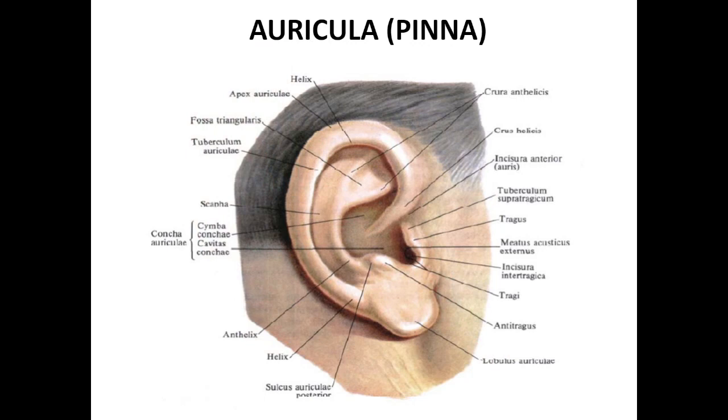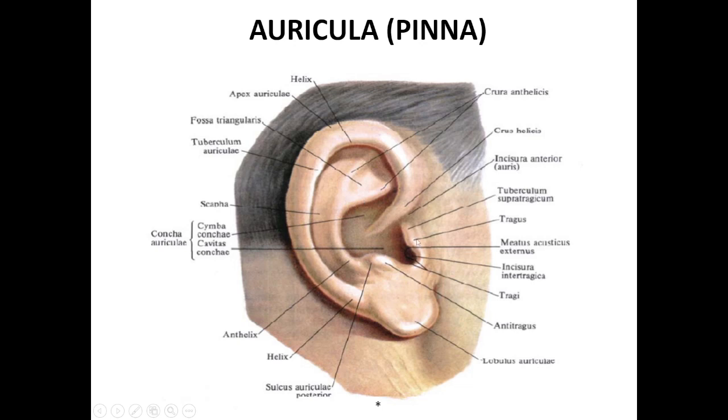About auricula or pinna, there are a lot of structures on it, but I want to demonstrate to you lobulus auriculae, this part, which is very important. This structure, tragus, this structure, which is called helix, and this anthelix.